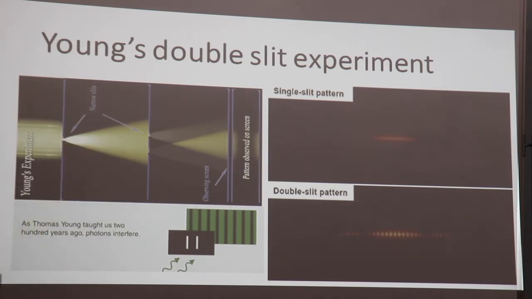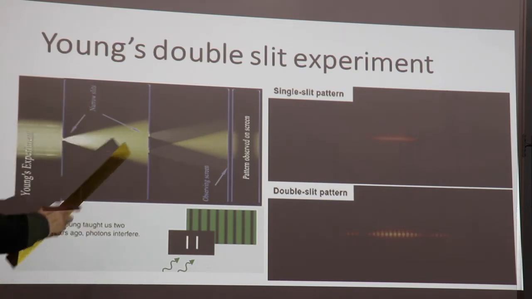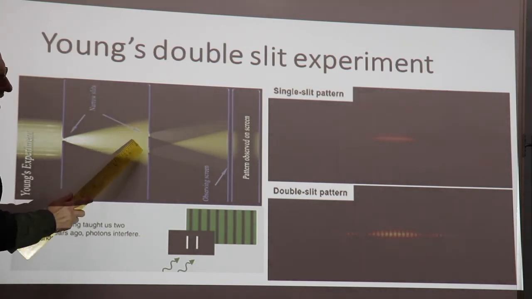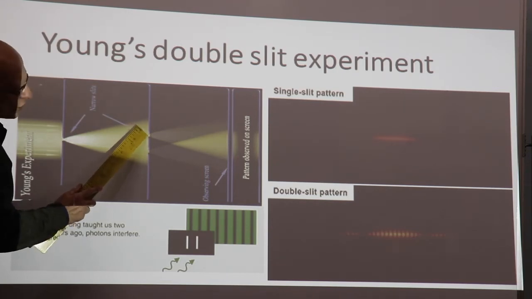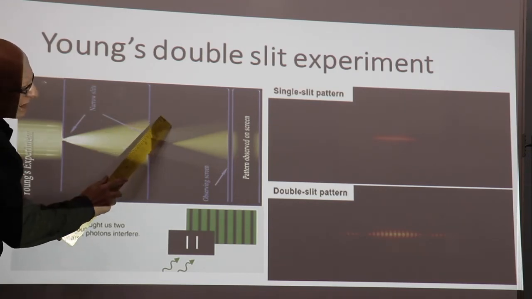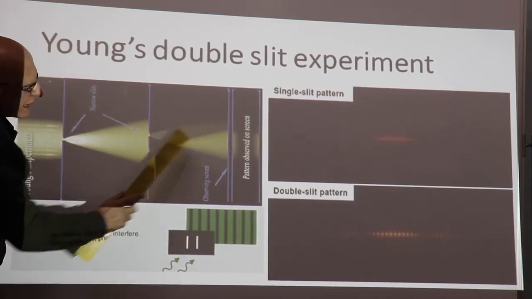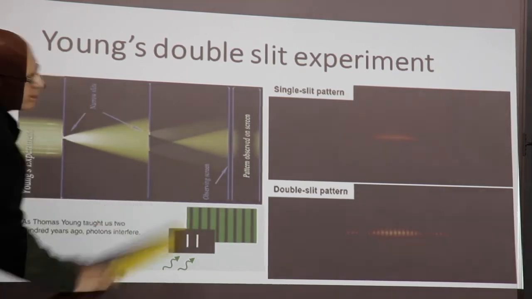This divergent beam reaches the 2 slits. Also here, the slits are very small. Light diffracted at this slit and at the second slit also. So you get a divergent beam here and also a divergent beam here.